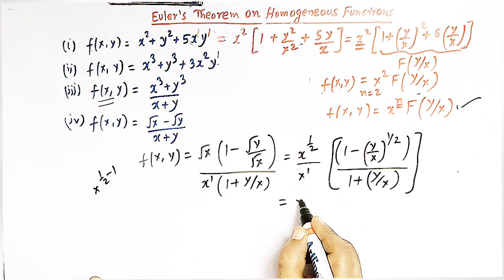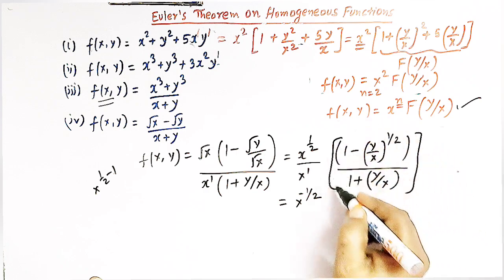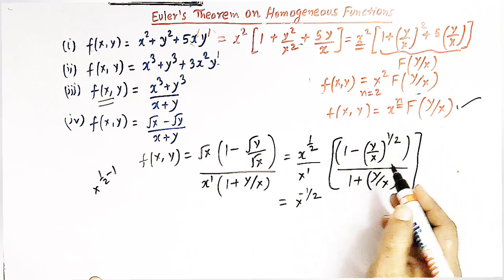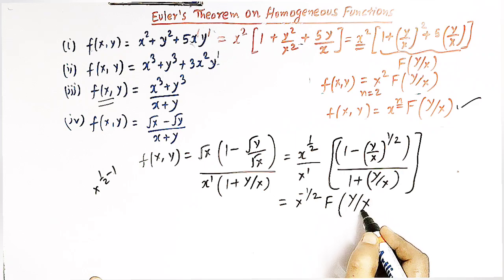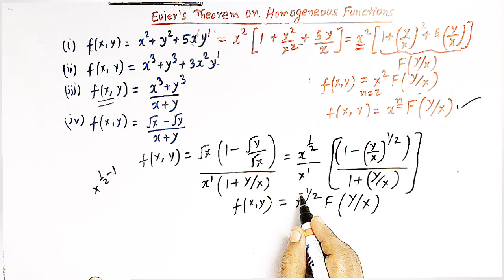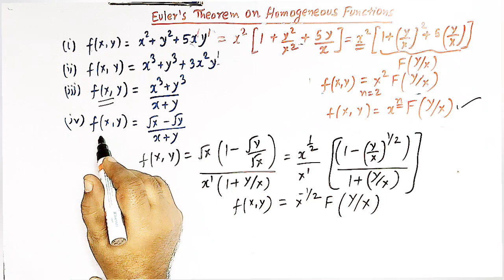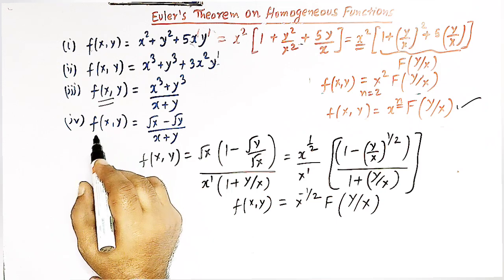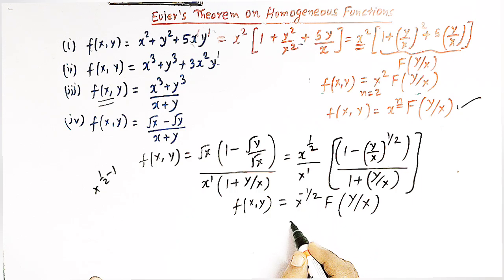So we have x raised to minus half, right? And here this entire expression is a function of y over x, so we can write f of y over x. So we have f of x comma y as x raised to minus half f of y over x. So this is again a homogeneous function of degree minus half. So here the value of n is equal to minus 1 over 2.